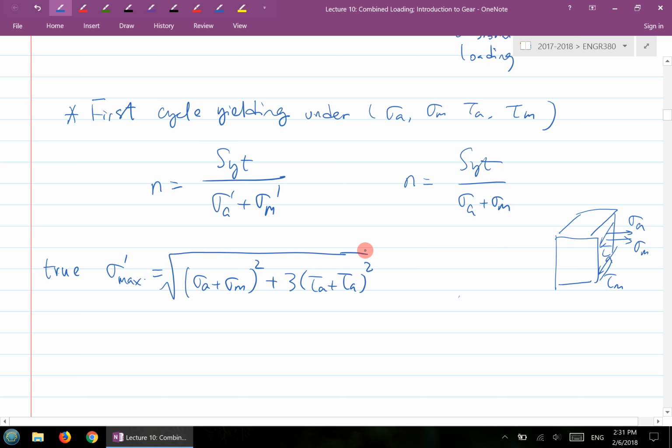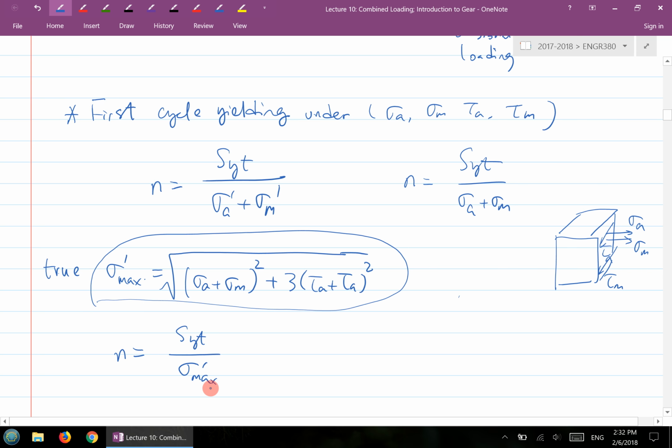So this would constitute the actual von Mises value, based on this state of stress. Then you can say n equals SYT over this sigma max prime. This one here is called the true max. One of the assignments will ask you to find the true sigma max prime, then calculate this one here.